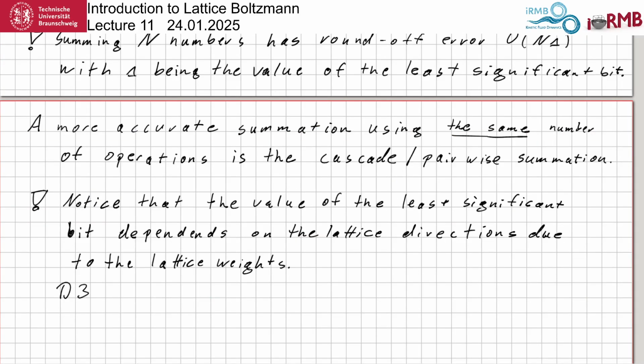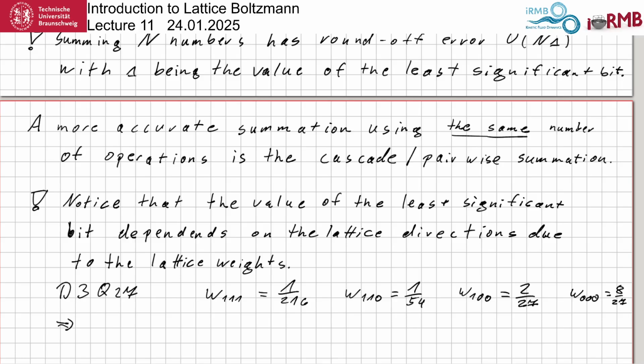Okay, so in the D3Q27, which we like to use, we have these weights like this. W111 will be 1 over 216. W110 is 1 over 54. W100 is 1 over 27, and then there's W000, which is 8 over 27. So you see they are of different size.